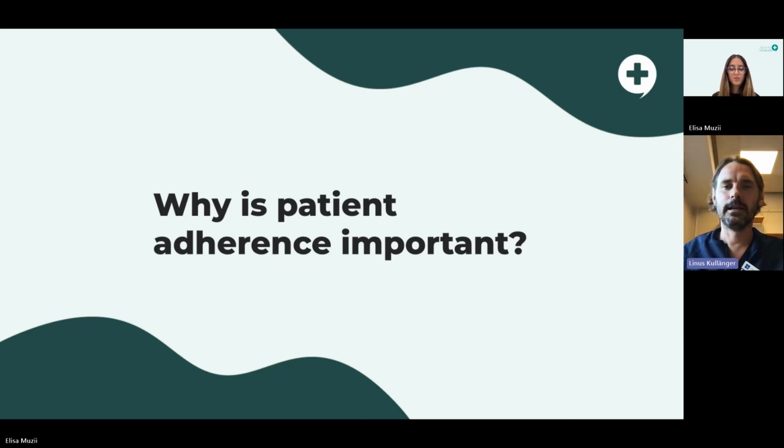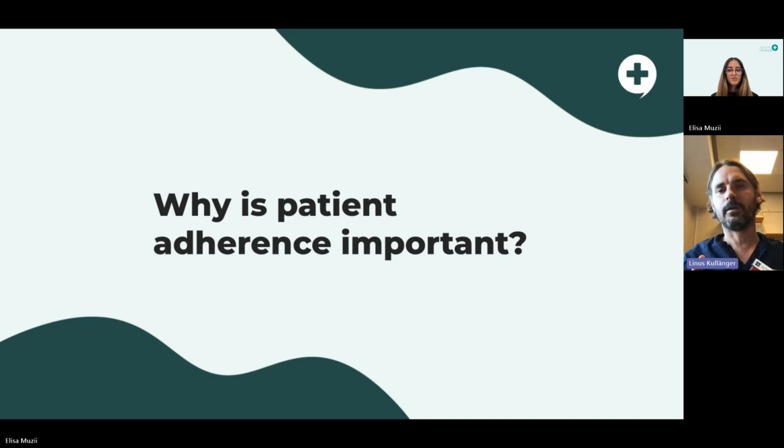I would say that it's the basis, the most essential thing we need as medical personnel when we treat patients. Because we can prescribe whatever medicine or whatever treatment, but if the patient is not going to follow the treatment, then it doesn't make any sense, what we do.